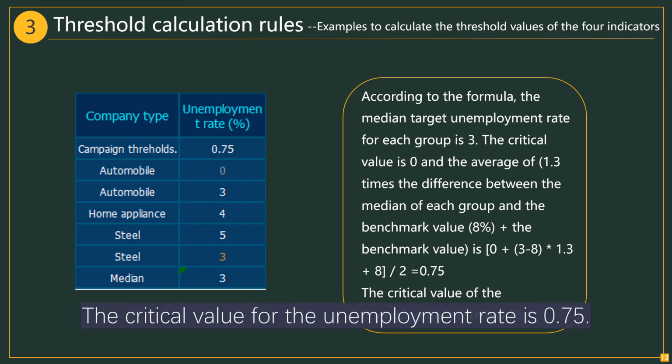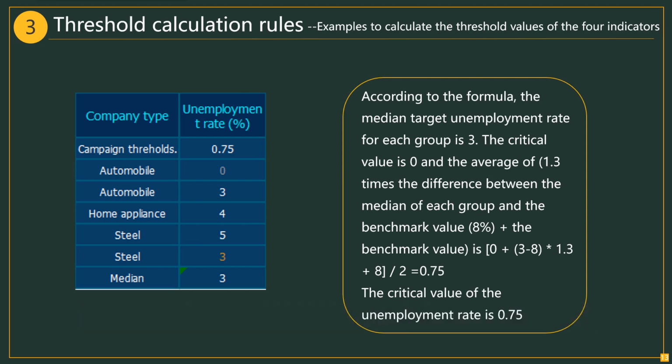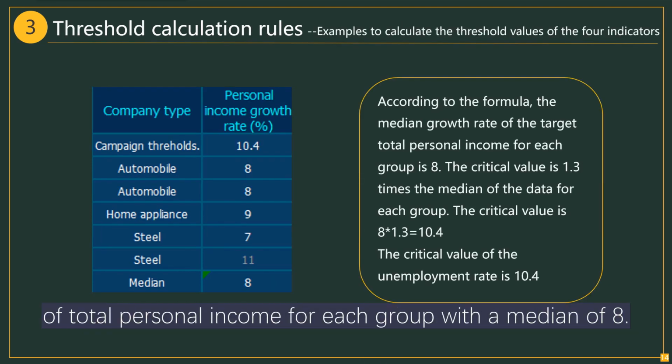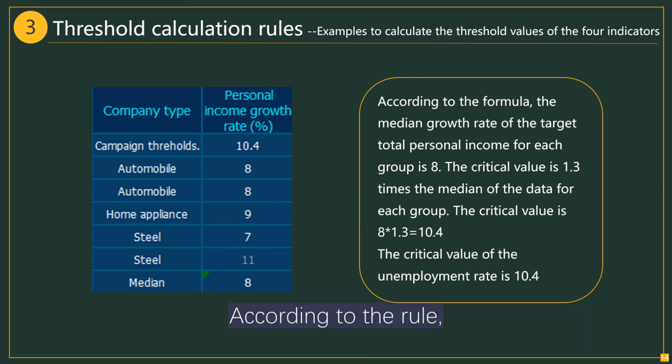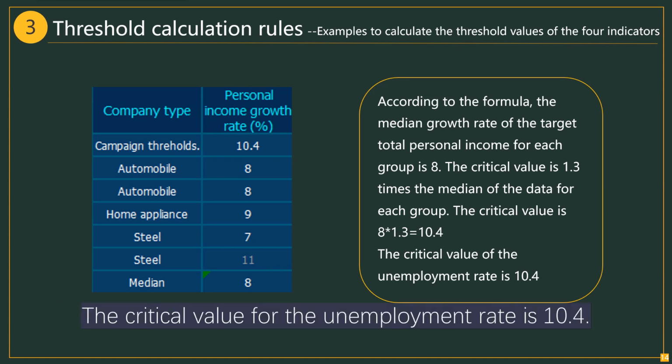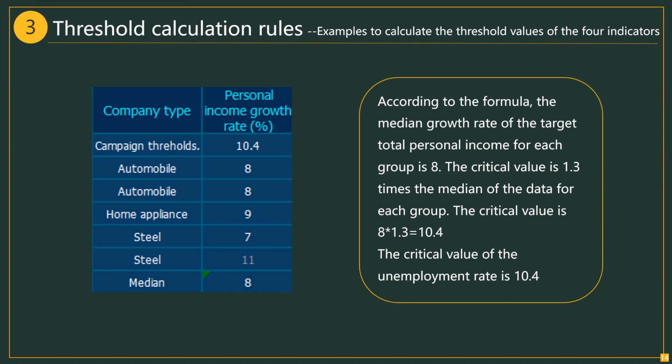The critical value for the unemployment rate is 0.75. This image shows the data of the growth rate of total personal income for each group with a median of 8. According to the rule, the critical value is 1.3 times the median of each group. The critical value for the total personal income growth rate is 10.4.